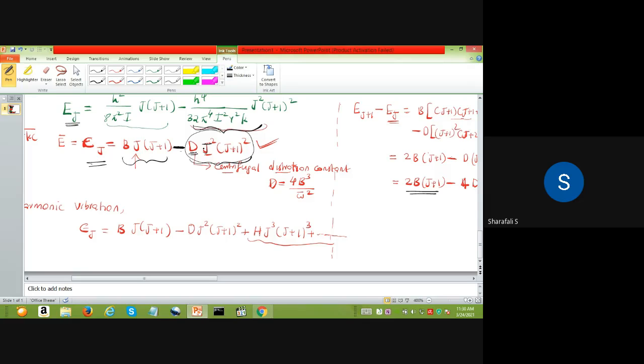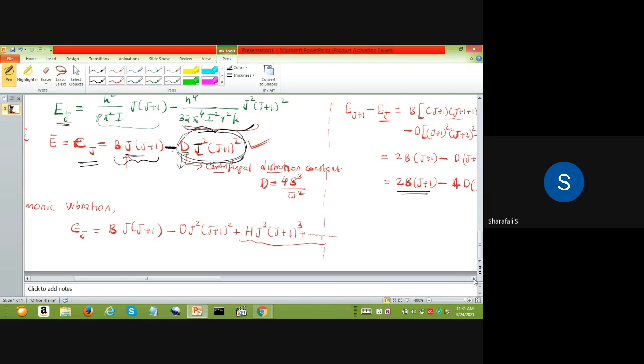Don't think it will become negative, as D will not become negative. It is very small compared to the first term, but still the energy value will be decreased by this amount when you consider the vibration effect also.